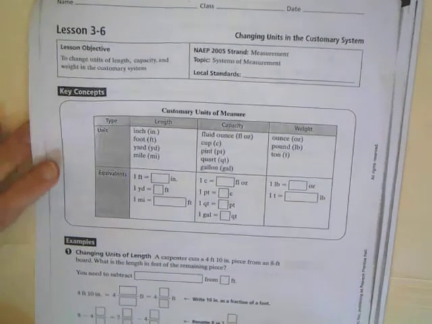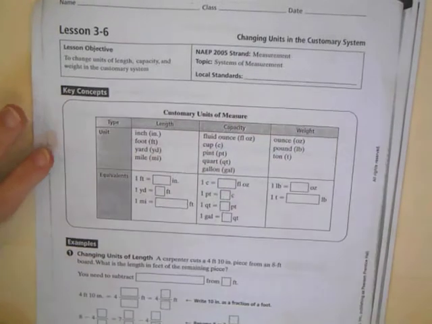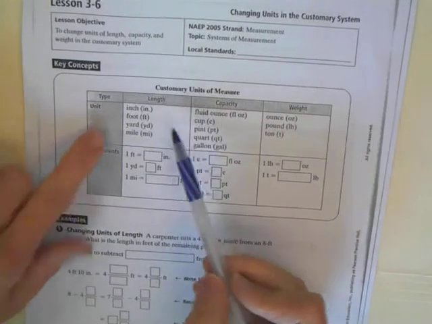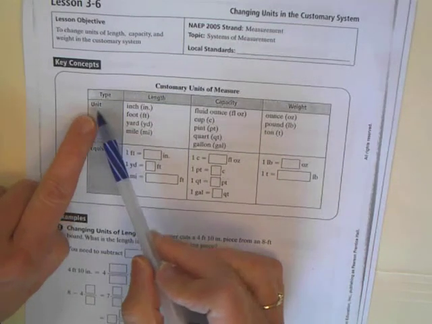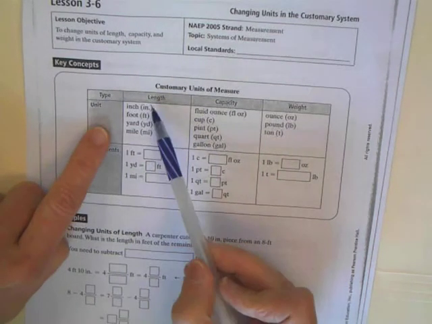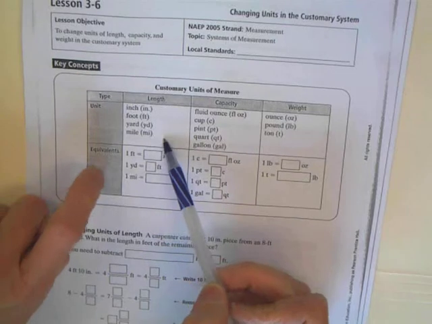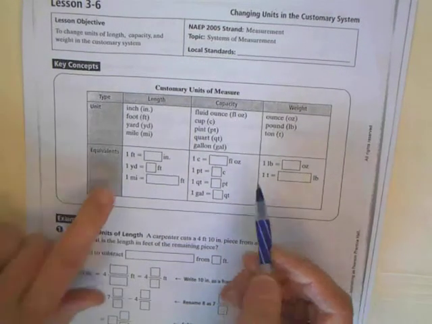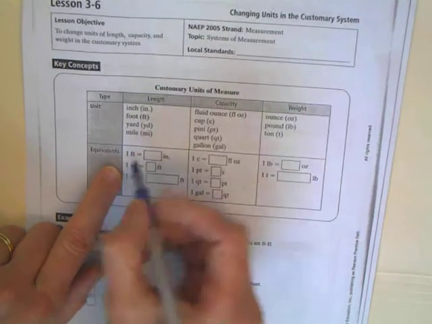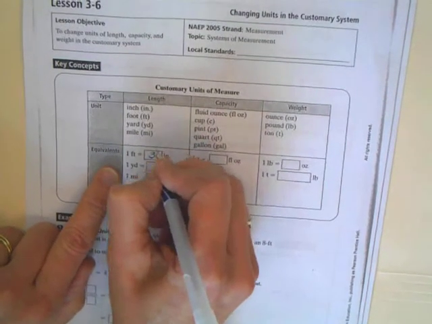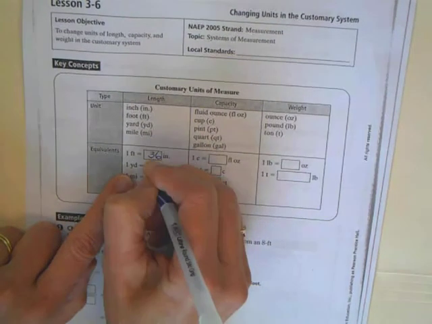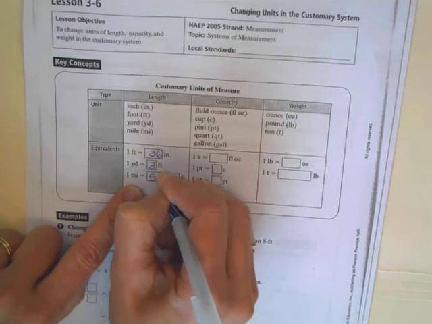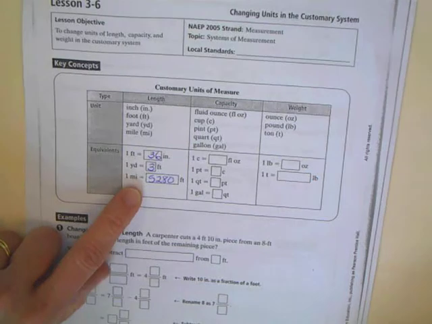Okay, first off, our key concepts list some of our common customary units of measure for us. We have 4 units of length. We have inches, feet, yards, miles. Some equivalents there that you should know are 1 foot equals 12 inches, 1 yard equals 3 feet, and 1 mile has 5,280 feet.